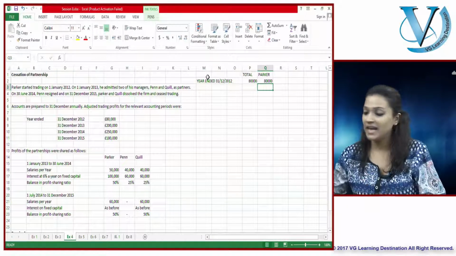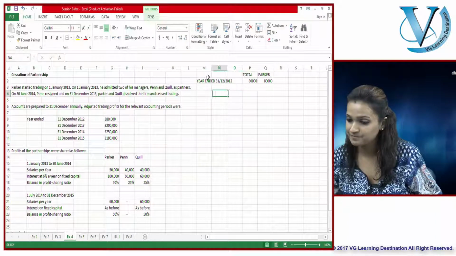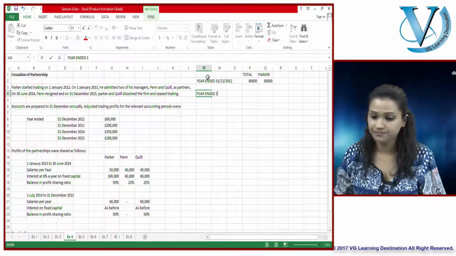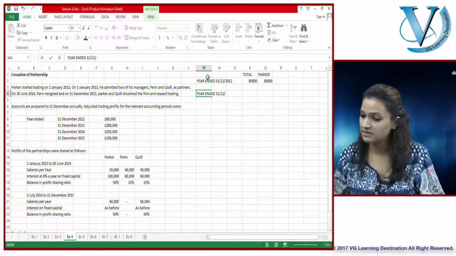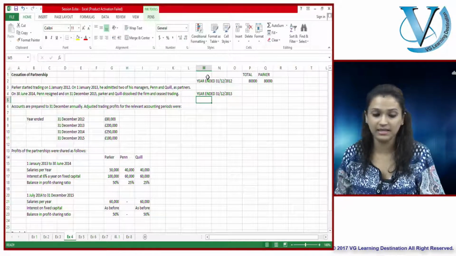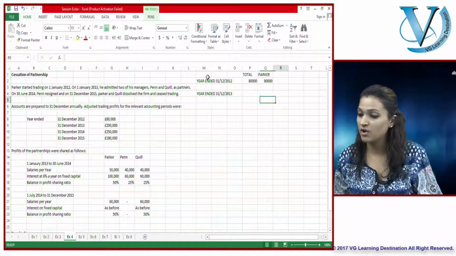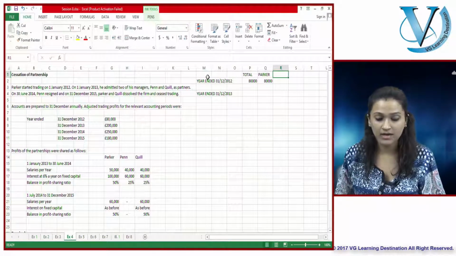Up next, in the next year, that is year ended 31st of December 2013, what has happened basically? Now we have two more partners. So let's make columns for these partners. Parker is already there.